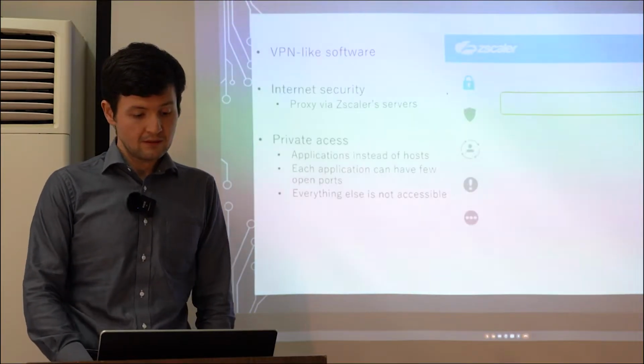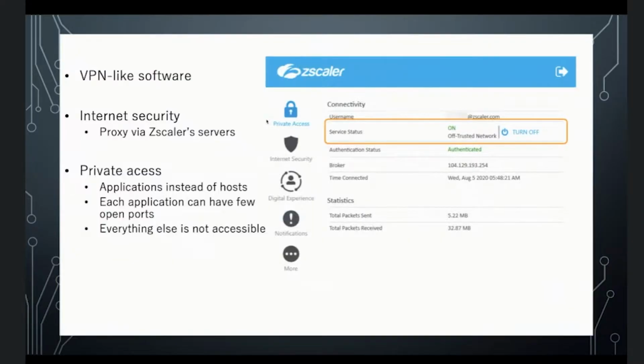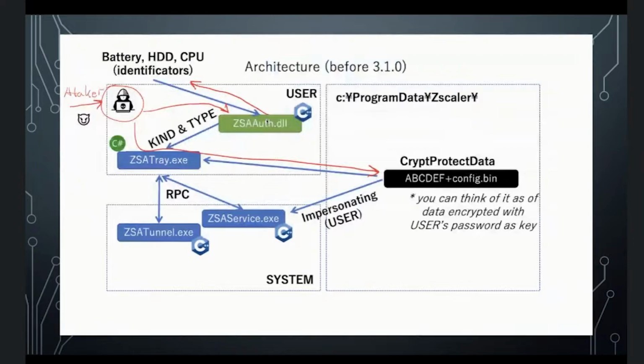Yeah. So how can we attack the ZSCALER solution? They have many ways, but I will introduce two of them. Architecturally, before version 3.1.0, which was I think 2 years ago, we found that it worked like this.